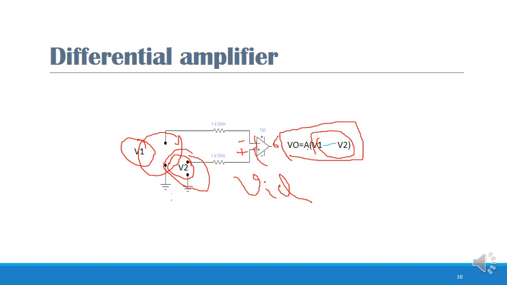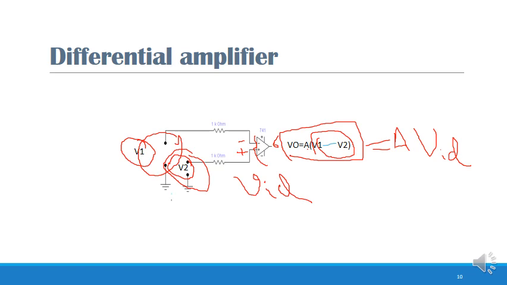So the equation is V output is equal to A into the difference of V1 and V2, or you can write A into VID also. In that, what is VID? VID is nothing but the difference of V1 and V2.